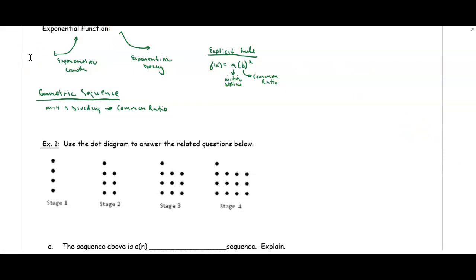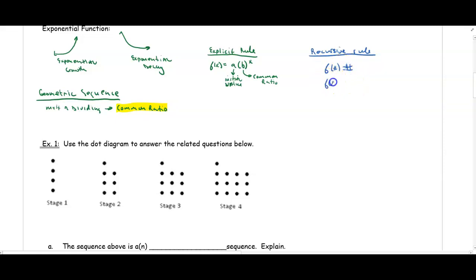So next, the recursive rule for this, remember, you have what we call this common ratio, and when we have this common ratio, the recursive rule uses that. So the recursive rule here is going to be, again, identify your first term. So f of a number equals a number.